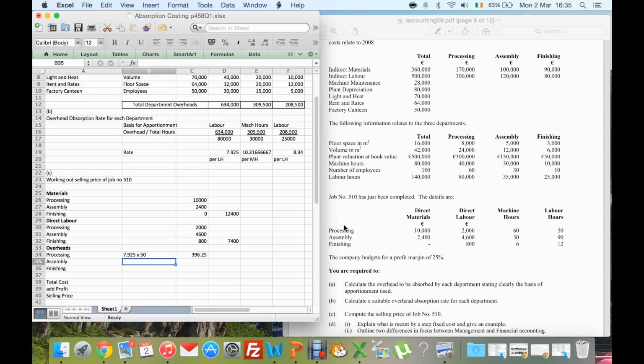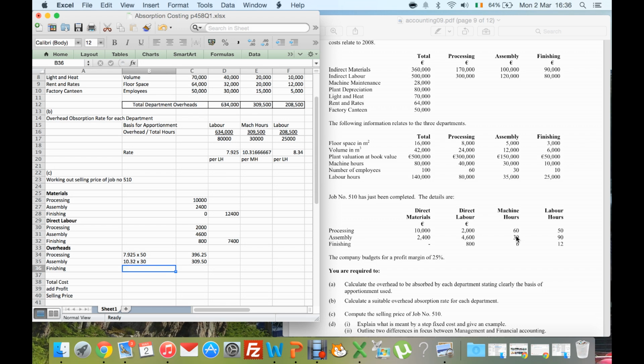Assembly. So in assembly, we got 10.31, or rounding off to 32, let's say, multiplied by the number of machine hours, which is 30 machine hours. So it's the absorption rate times 30.